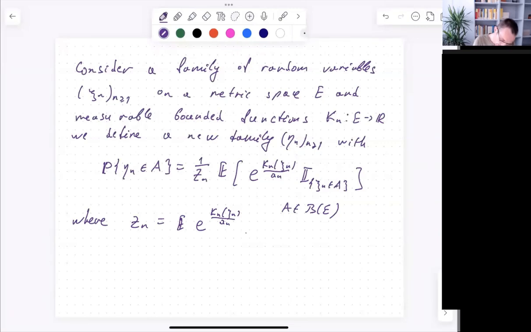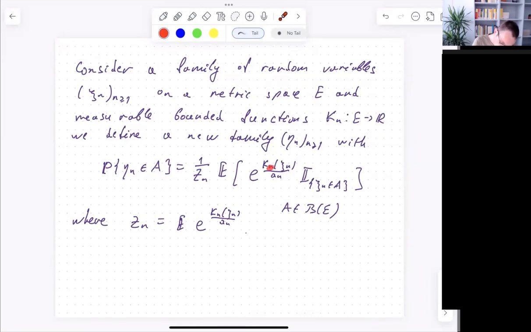And I would like to recall to you that last time we also considered the function k that was a bounded and continuous function, and it was independent of n. We had only one fixed function. And then we obtained that considering this family of random variables with k independent of n, we came to another large deviation principle with some given rate function that depends on k.